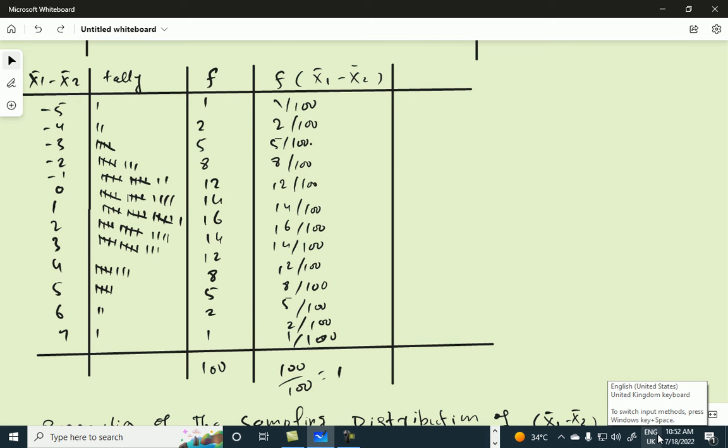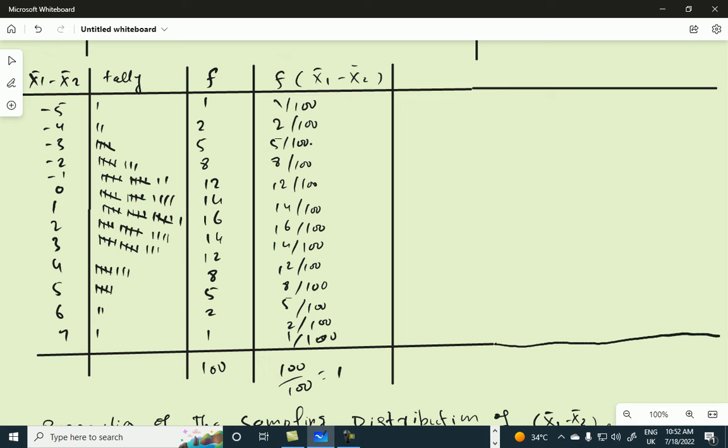So we have to add one more column, that is, we need to multiply the x1 bar minus x2 bar column with its probability f of x1 bar minus x2 bar.